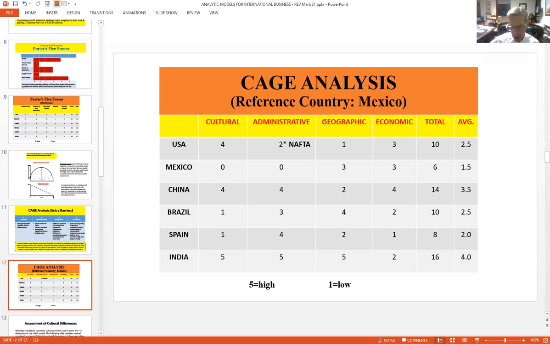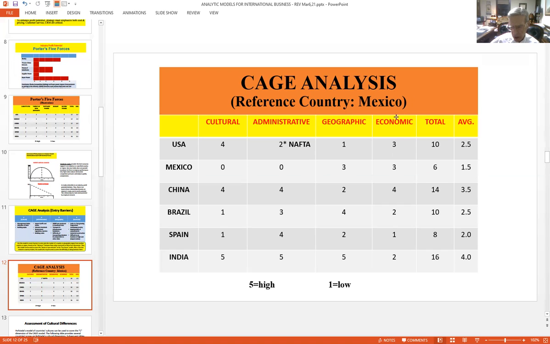Very often, food products or perishable products or products that weigh a great deal and therefore cost a lot to transport, all of those impose high geographic distances. It's not just the number of miles between where you're located and where the customer might be located, but rather what the impact of that distance is.